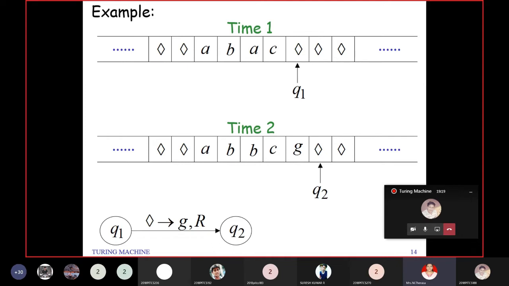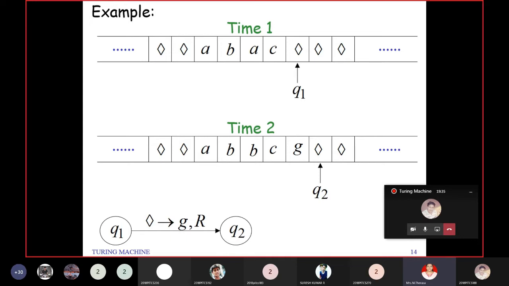Suppose you have a transition that Q1 comma epsilon is equal to Q2 comma G comma R. I mean if you are reading an empty symbol or blank symbol from the state Q1, then you have to write G and you have to move right.